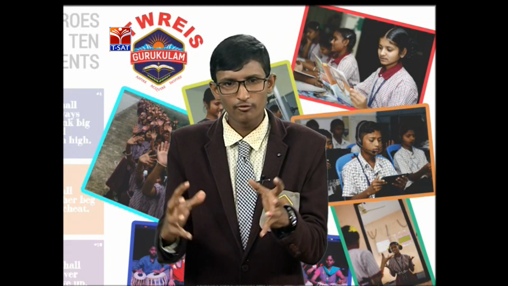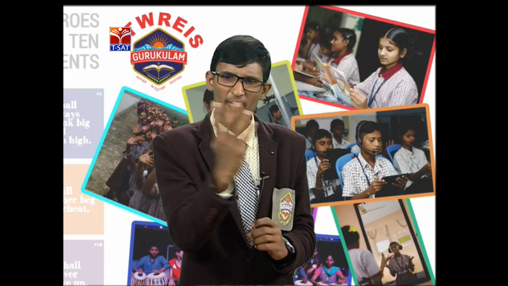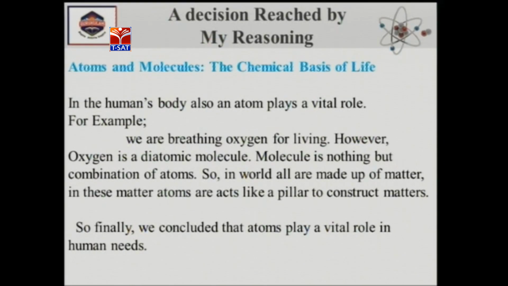The combination of two atoms is called a molecule. In the world, everything is made up of matter, and in this matter, atoms act like pillars to construct it. So finally we can conclude that atoms play a vital role in human needs as well as in the world.